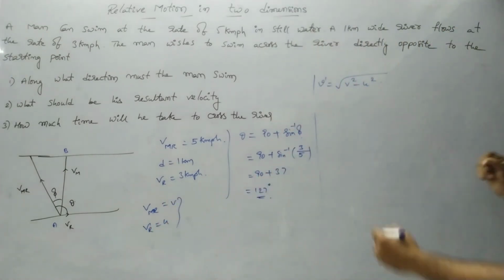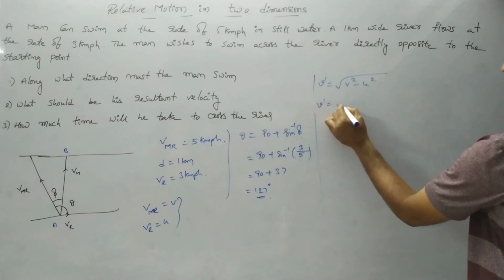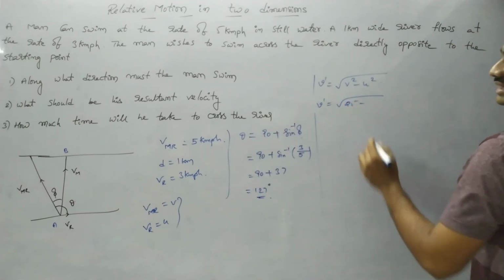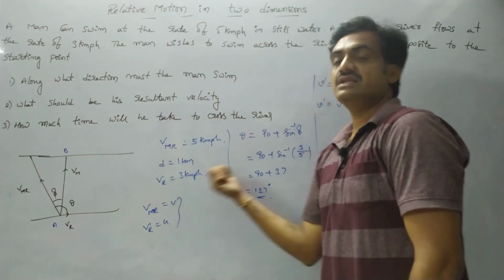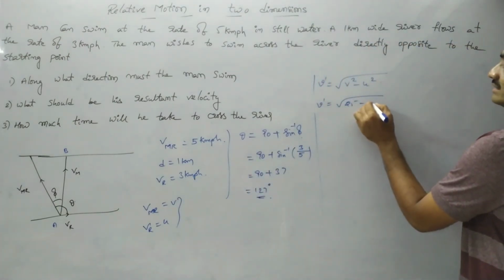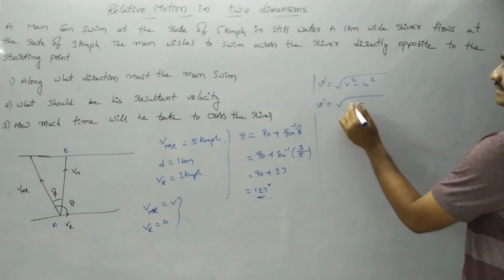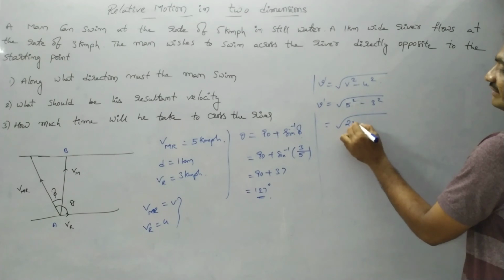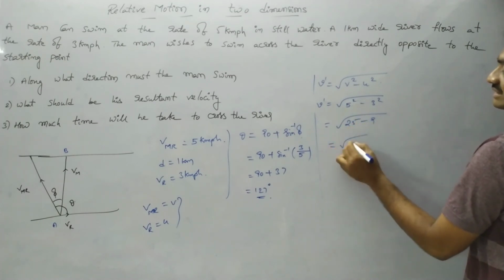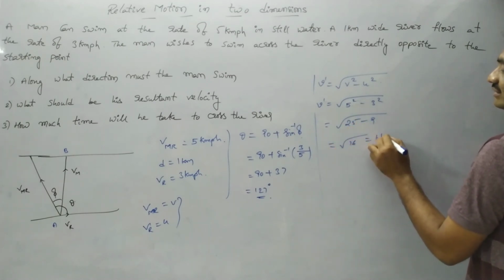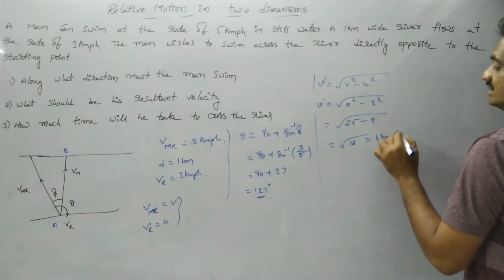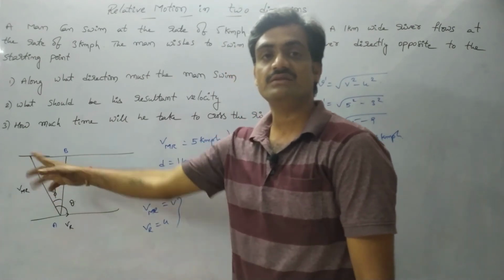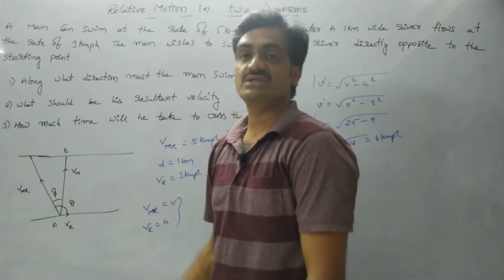So if I substitute these values, v dash equals under root of 5 square minus 3 square, which is 25 minus 9, which is under root of 16. So we have 4 kilometer per hour. So the person has to travel with a velocity of 4 kilometer per hour along this upstream.